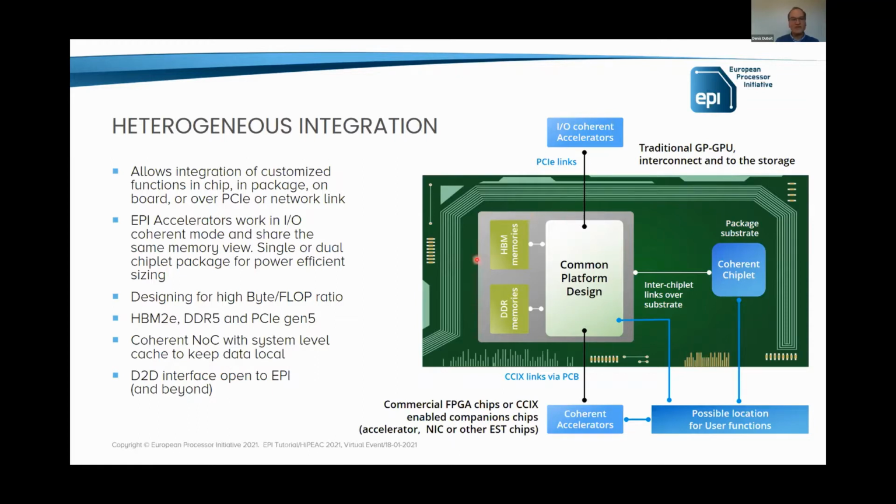The I/O we have defined in the common platform compatible design are HBM2E and DDR5 for memories, and PCI Express Gen 5 for network connection. Within the chip, we have a coherent network on chip with system level cache in order to keep data as local as possible. And finally, we are developing a die-to-die interface open to EPI and beyond.